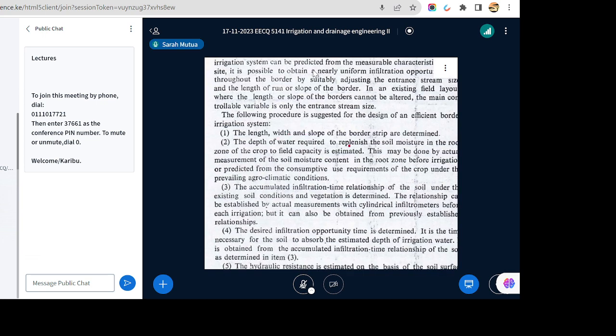And how do you determine the length, width, and slope of the border strip?